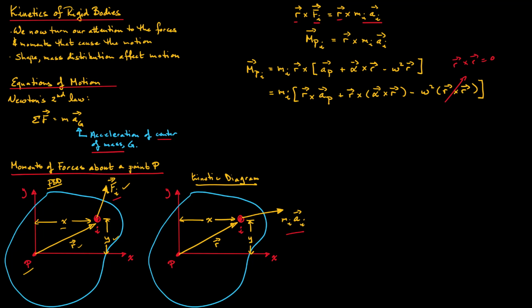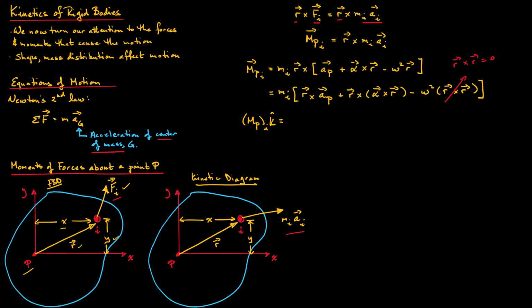Okay, let's express this in terms of Cartesian components. So we know that the moment about point P for planar rigid body motion will be acting in the k direction. Whether it's in the positive or negative k direction is not particularly important at this point.